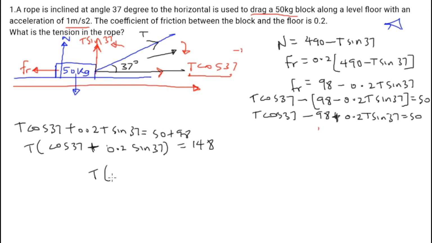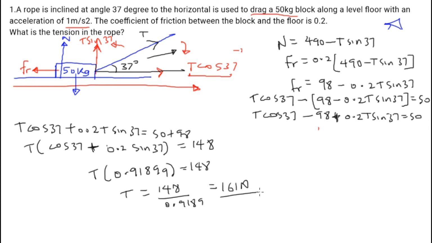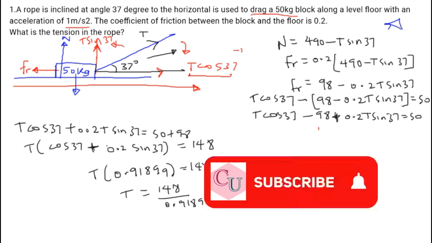So I'll have t times 0.91899, and that's equal to 148. So t is equal to 148 divided by 0.9189, and that's equal to 161 Newton. So the tension on the rope while dragging the 50 kg mass is equal to 161 Newton.